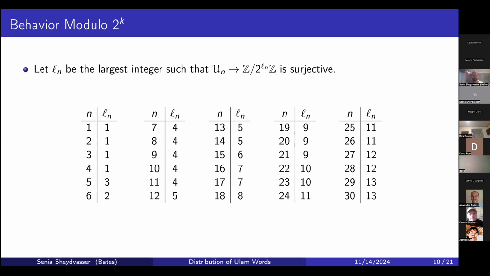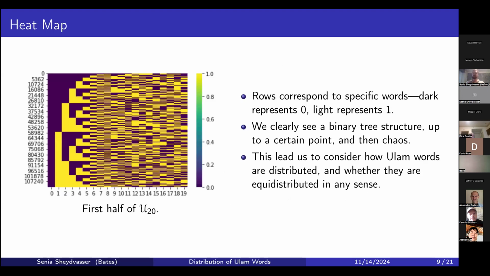One very basic thing that you might ask, based off of this picture, is: suppose you have words of length n, you convert them to integers, and then you consider this mod 2 to the L. Do you hit everything, or are some things missed? Because that's what this picture is showing: in the beginning, you're getting the full binary tree structure. This is equivalent to surjecting mod 2 to the L for some L. But after a certain point, it breaks down.